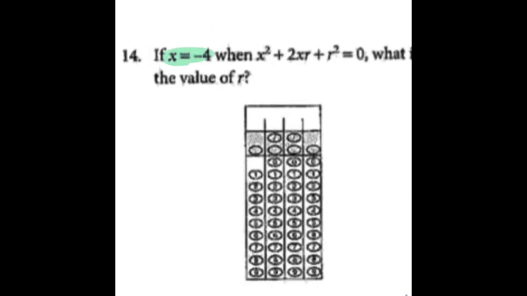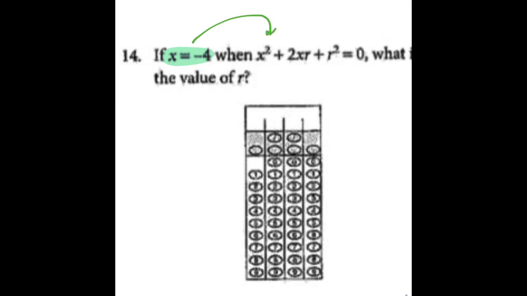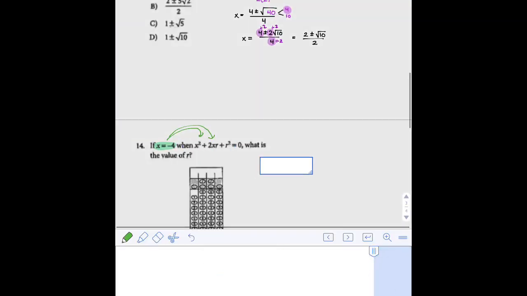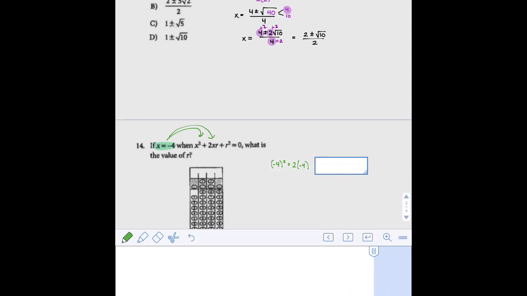So in number 14, you're essentially just plugging x in for the x values in this equation over here in order to solve for r. So I'm going to get negative 4 squared plus 2 times negative 4 times r plus r squared equals 0.